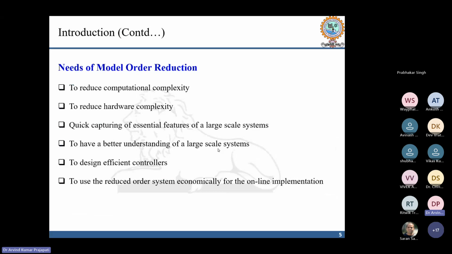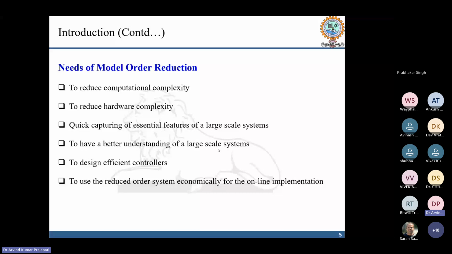But if the same system can be replaced by a simple system, then it can be represented by fewer components. And also, if you want to capture the essential features of large scale systems in a short period of time, then it is possible only if you replace large scale systems with smaller scale systems.